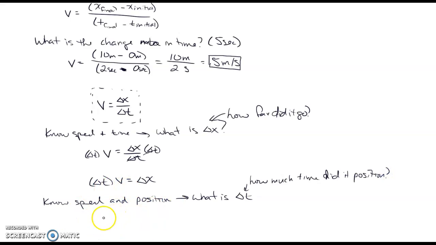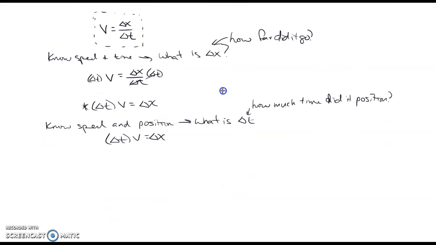And so what we can do is I'm going to start with this equation that we had right here. So we got this little one right there. So I'm going to say that delta t times v is equal to delta x. Okay, and let me move this up a little bit. And so that's going to be delta x.